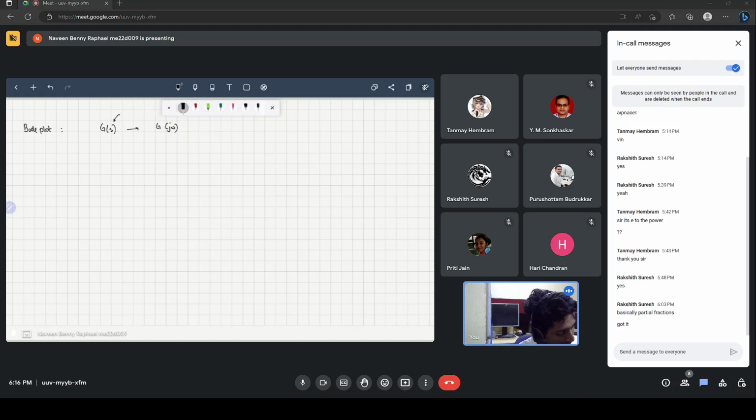So let's say we have a simple transfer function g of s is equal to 1 by 1 plus tau s. That means g of j omega is 1 by 1 plus j tau omega.